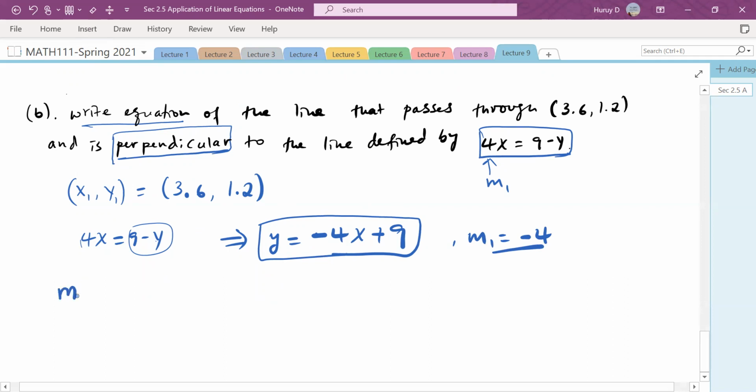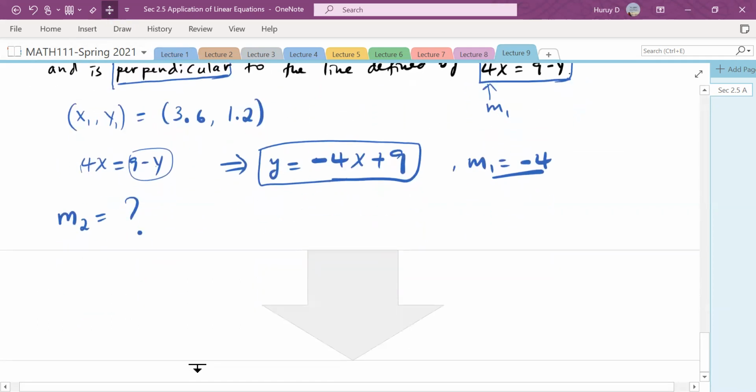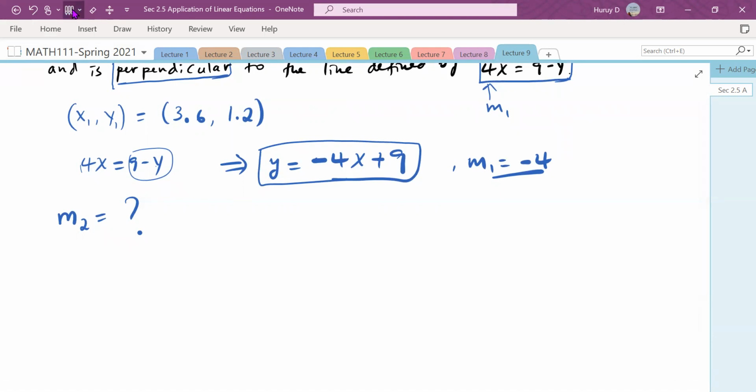Therefore, what is M2? M2 is the slope of the unknown line. And what do we know about the relationship between the slopes of two perpendicular lines? Well, we know M1 times M2 equals negative 1. This is the relationship between the two slopes. So now we know M1, but we don't know M2.